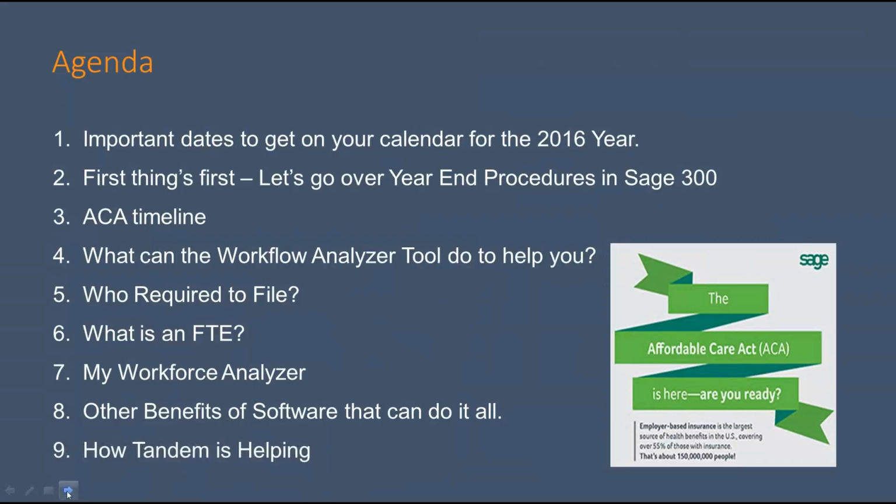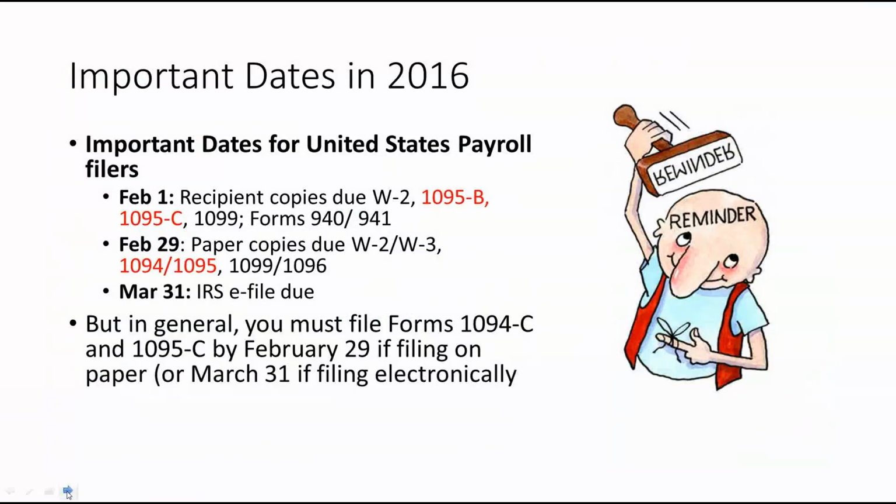So I'm going to move on to the next topic, which is those dates that I wanted to remind you of. There's some confusion about, well, what do I owe on what dates to the government? And a lot of people also didn't realize that you need to file the 1095-C to your employees as well. So those have to be sent in with the W-2s to your employees.